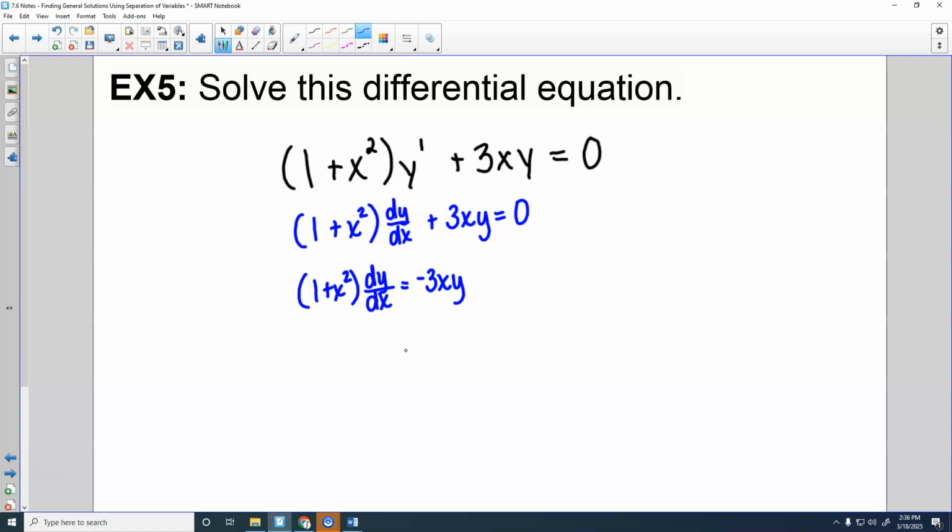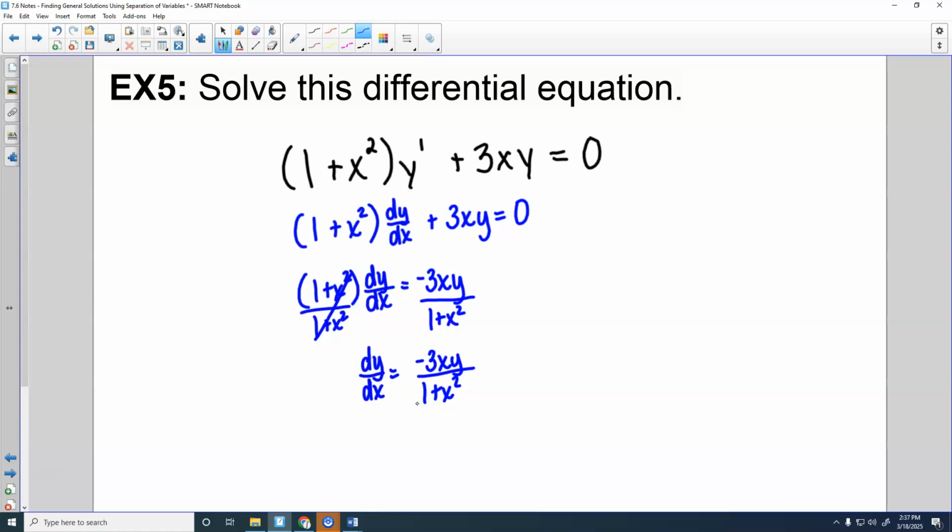All right, what do you guys think next? Okay, so we can divide by 1 plus x squared. So dy dx equals negative 3xy over 1 plus x squared.